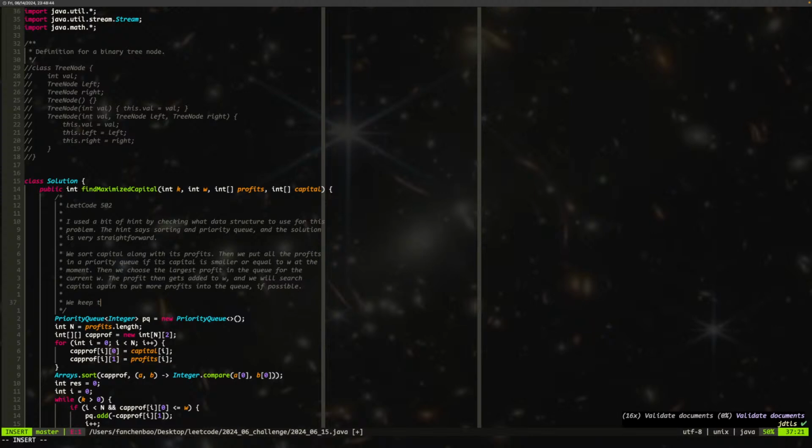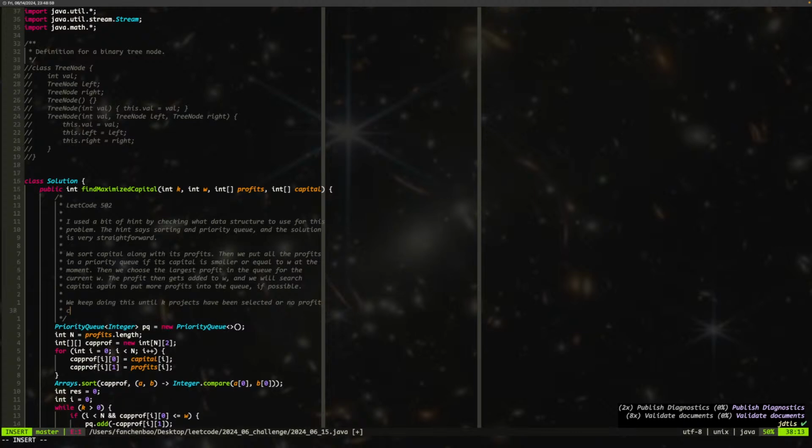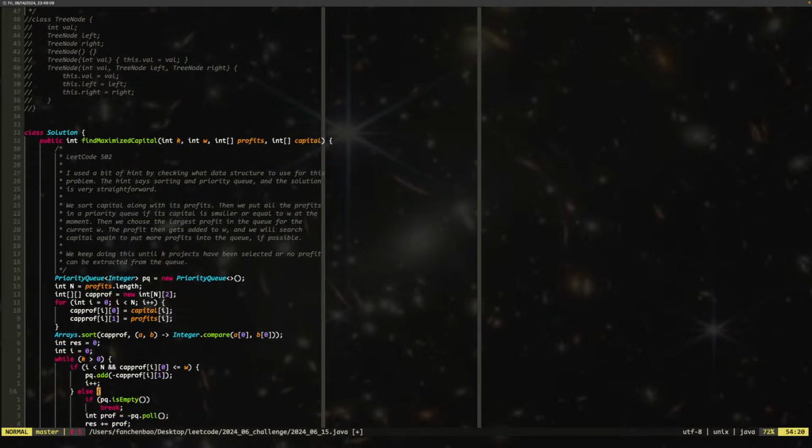Keep doing this until k projects have been selected, or no profit can be extracted from the queue. So it's O(n log n), not necessarily, we call it O(n log n).